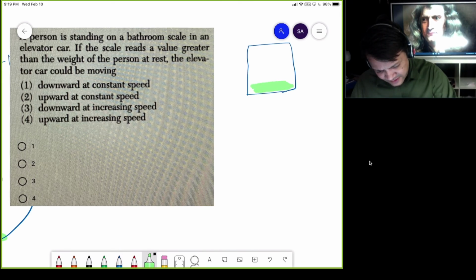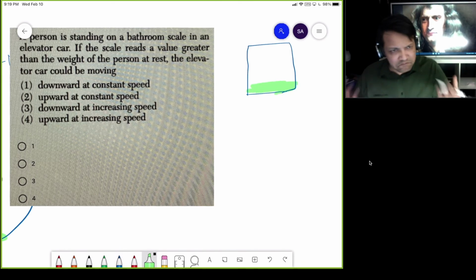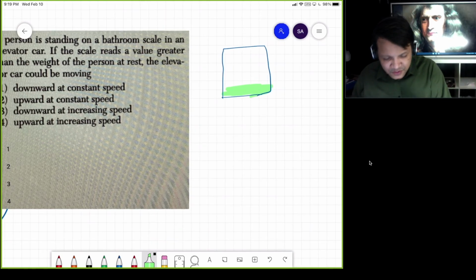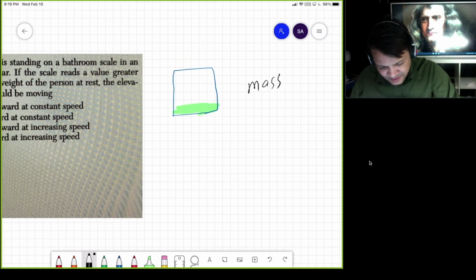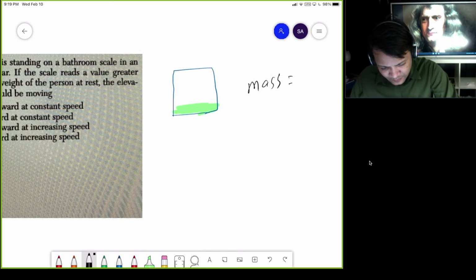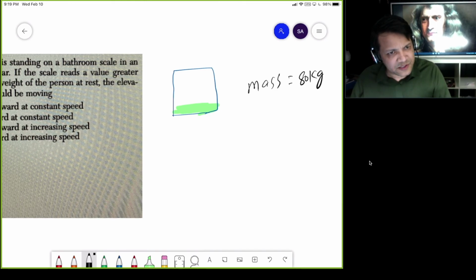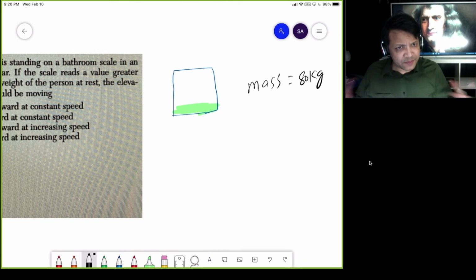Let's say the person's mass is 80 kilogram. Then the scale would read more. That means the elevator is accelerating up.